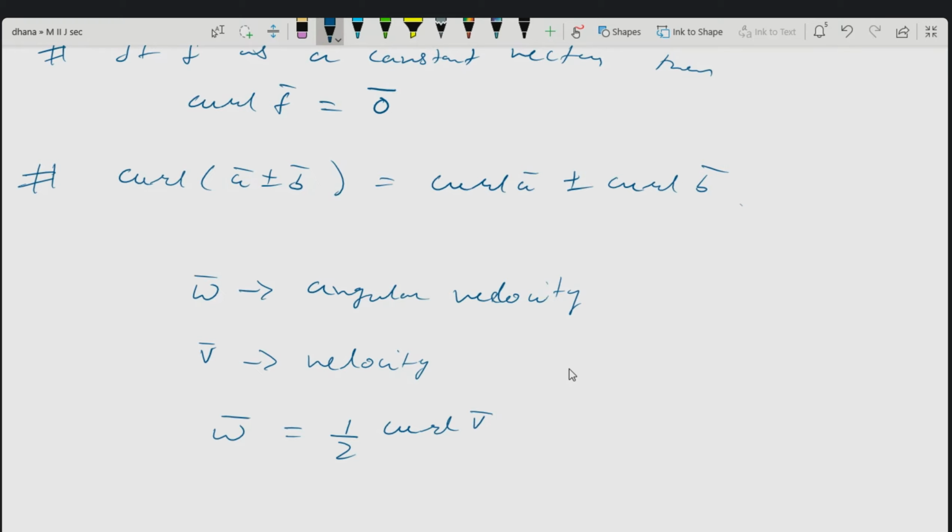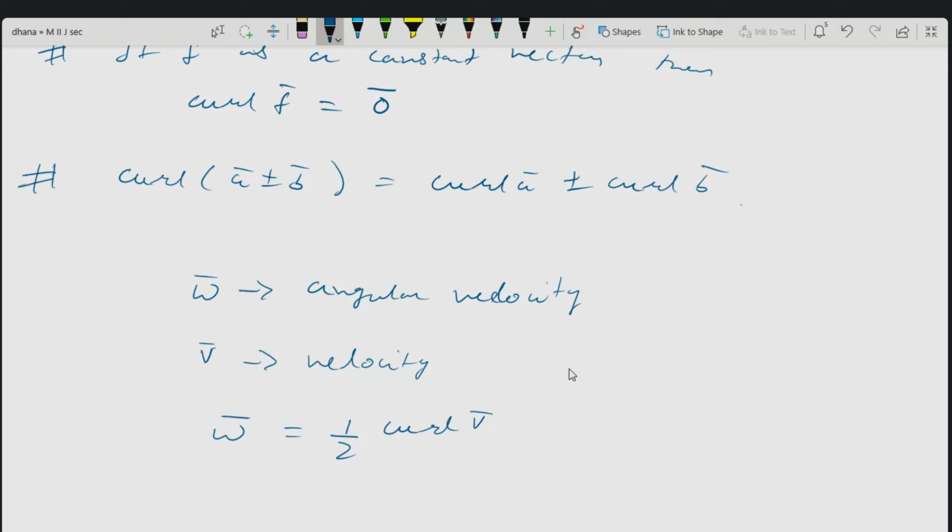So that justifies the word curl of a vector. Now here you will have motion also: rotational motion, irrotational motion. Any motion in which curl of the velocity vector is 0 bar will be irrotational. If I calculate curl of this v bar and get the 0 vector, that means there is no rotation at all. That motion will be irrotational, and such a vector is called an irrotational vector.